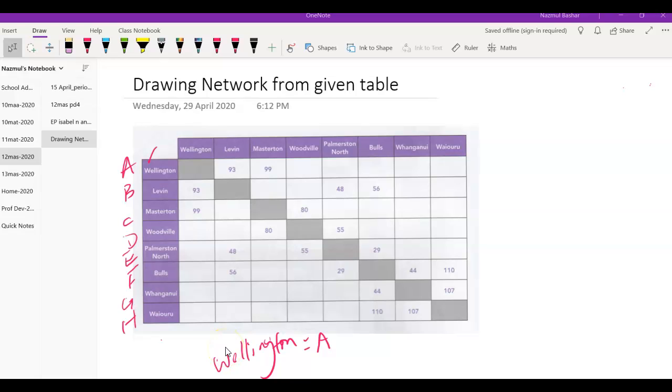Let's learn something about drawing a network from a given table, which is not an easy skill. It's quite challenging. Let's do it.